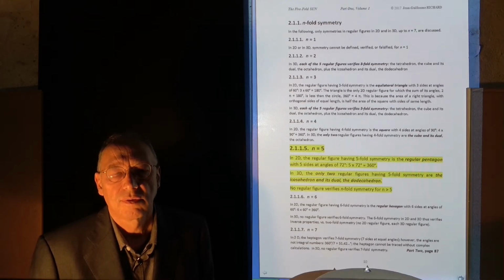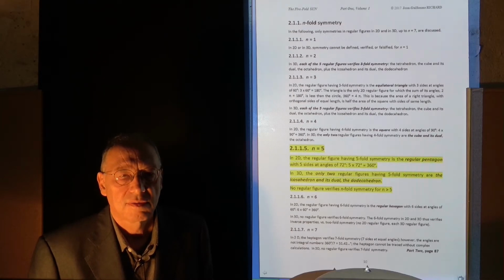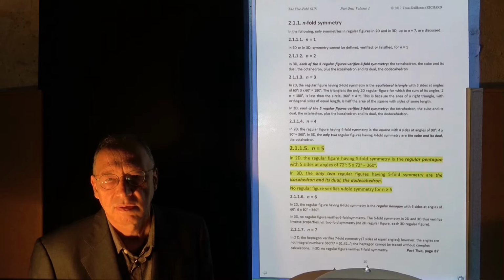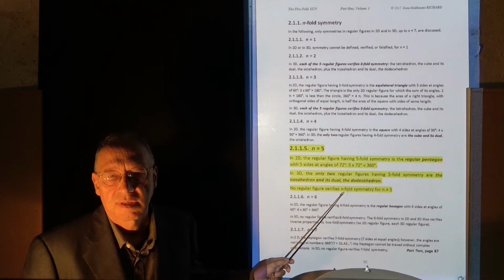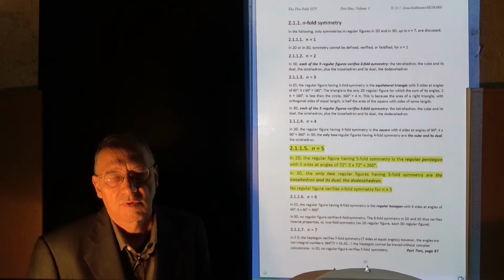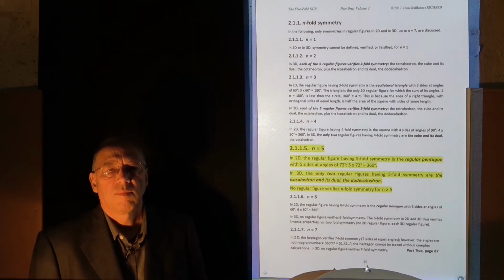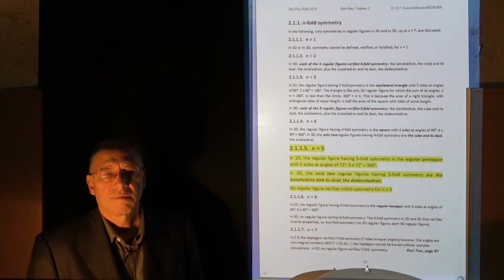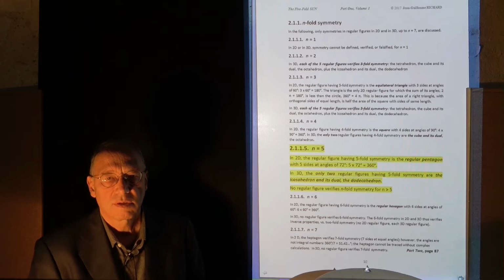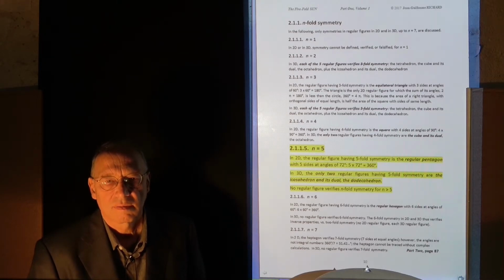But it is also displayed, verified, in the icosahedron, which is the dual of the dodecahedron. It is proven that no regular figure verifies n-fold symmetry for n of more than 5. In other words, we cannot have any more complex regular figure than those with fivefold symmetry, which we just mentioned, i.e. the dodecahedron and the icosahedron.